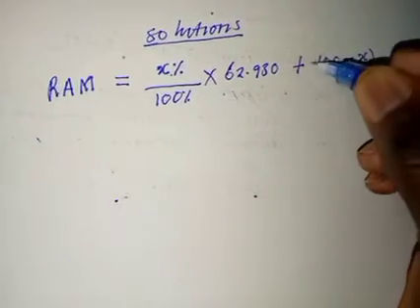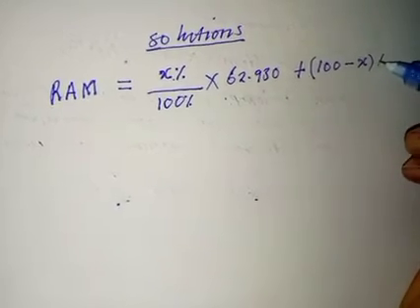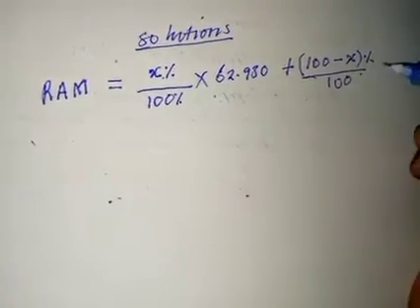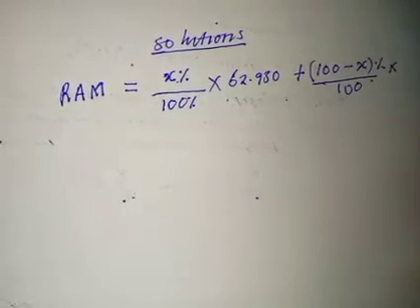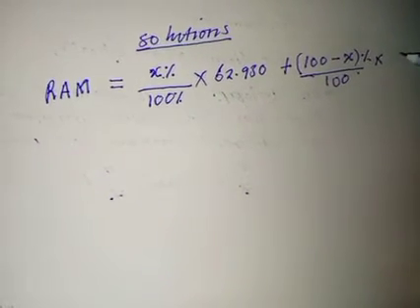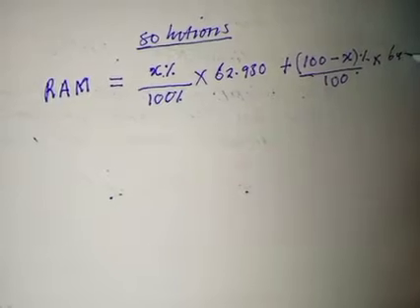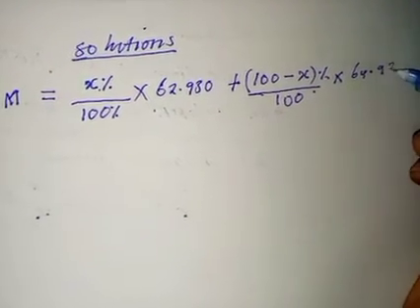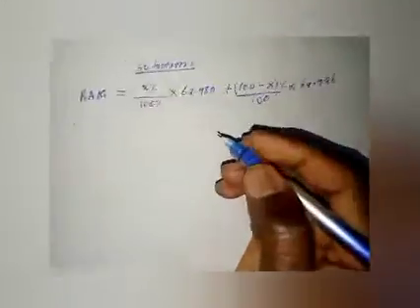You put them inside the brackets. Then you say percent over 100, then multiply by the mass number. The atomic mass for this one is 64.926.